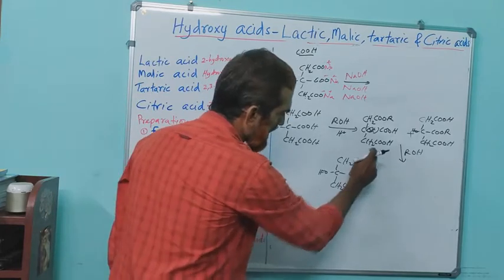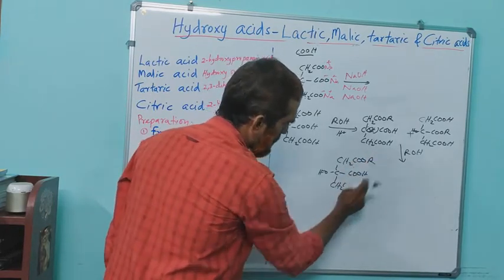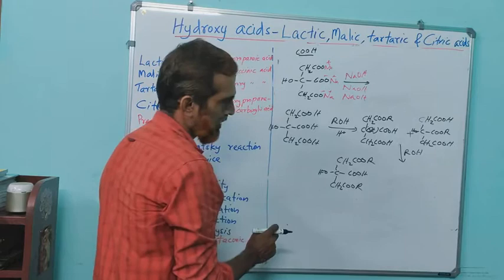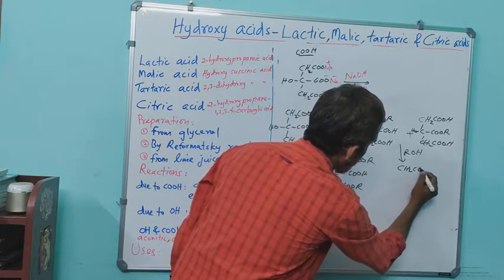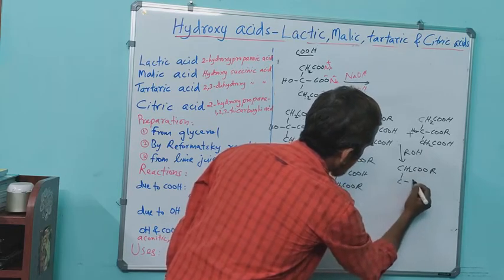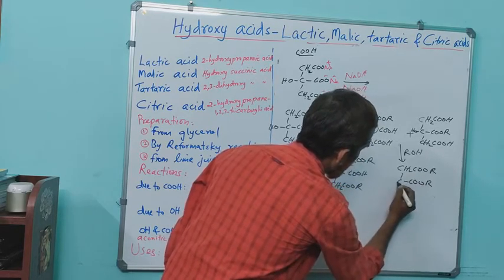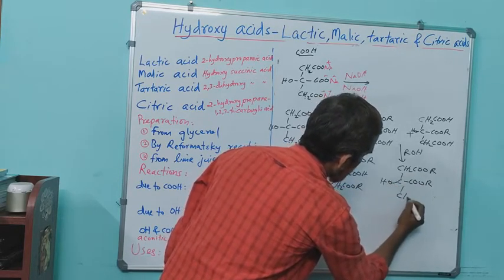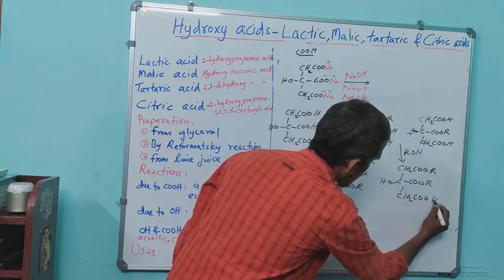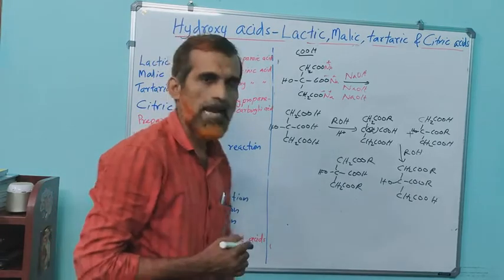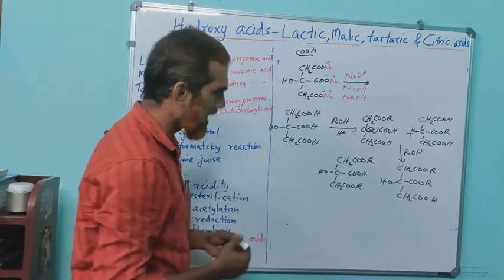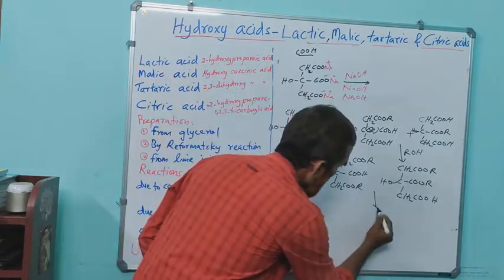So 1,3 it can come at the 1,3 carbons, or it can be 1,2 like this. CH2COOR, COOR, OH is there, CH2COOH. So these are the two diesters, or dialkyl citrates.